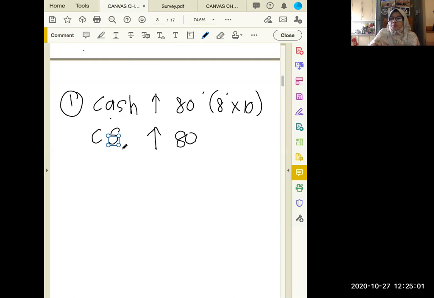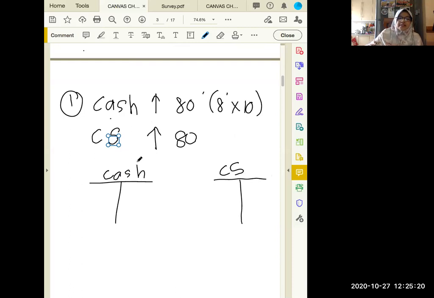So if you were to put that into an account, you're going to open two accounts. We call the account the cash account, and then the capital stock account. Capital stock is always capital stock. So then you go back. Cash is an asset. Capital stock is an owner's equity, isn't it? So whenever cash increases, should it be debited or credited? Cash is an asset.